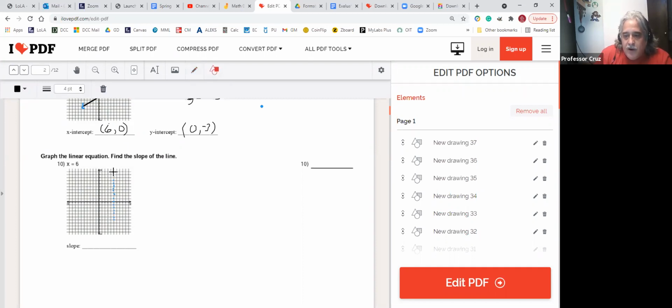And this is what we call an undefined slope. That vertical line is an undefined slope.